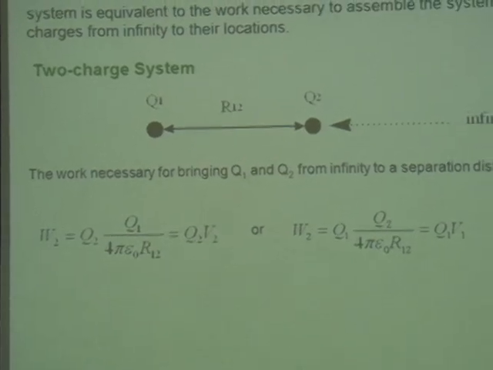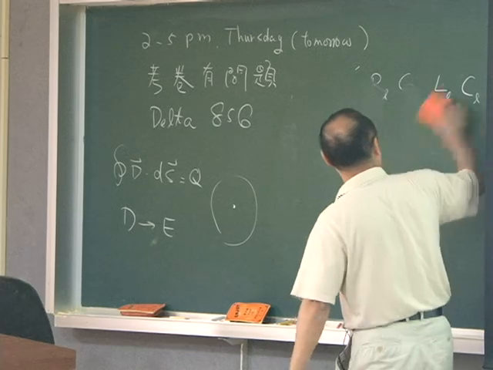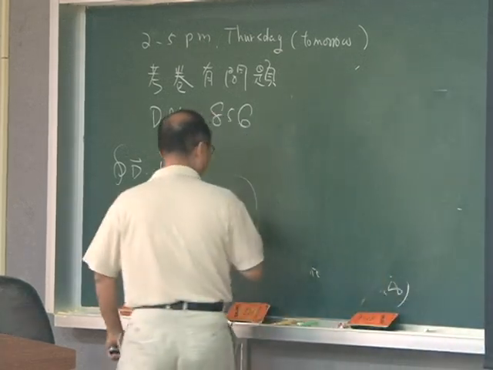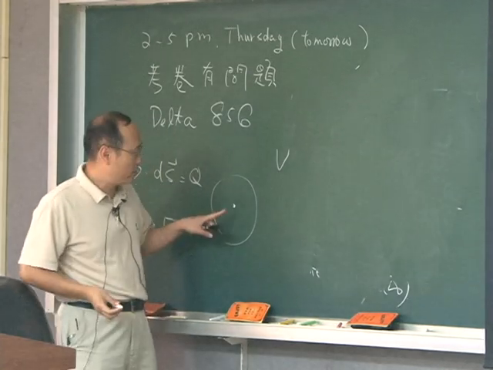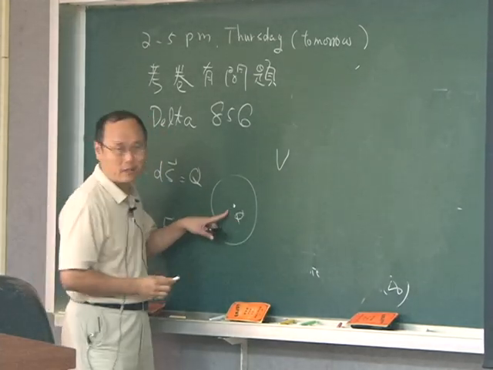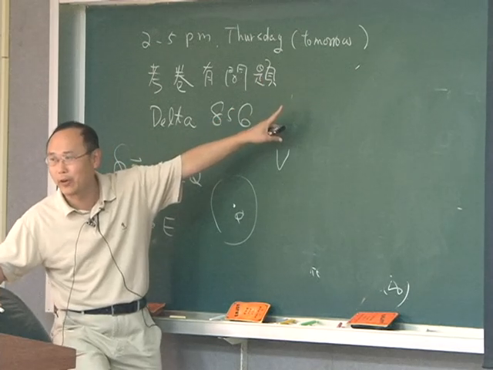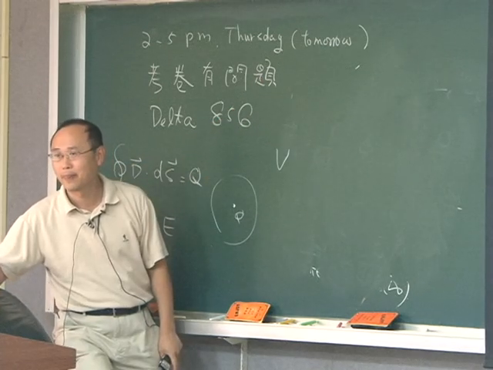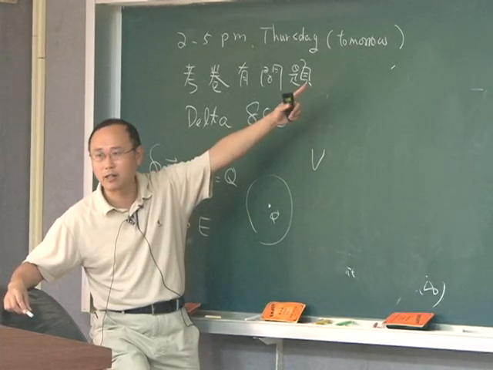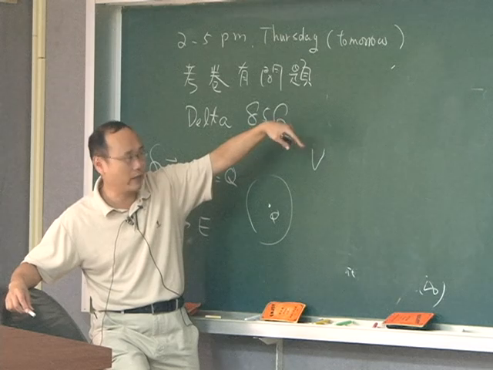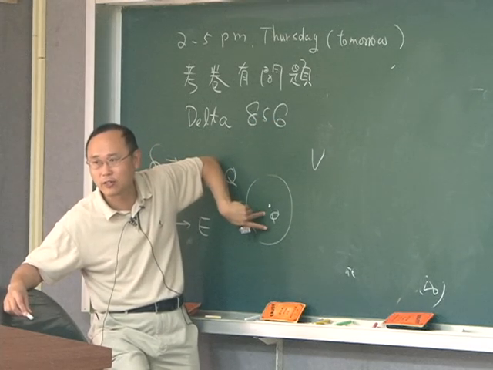When we calculate the V, 当我们在这个系统里头 when we calculate V, we only consider this charge and then assume a unit positive charge somewhere far away. Okay, and then bring the unit positive charge to a location, a distance R from this charge.